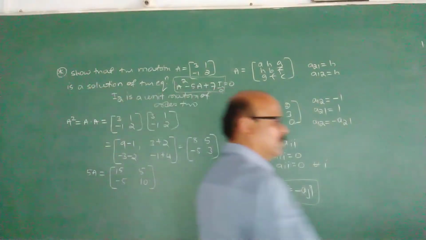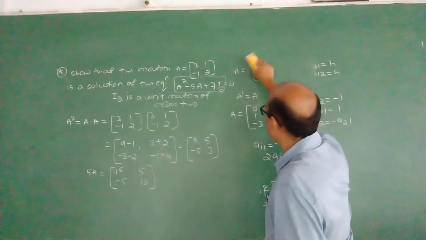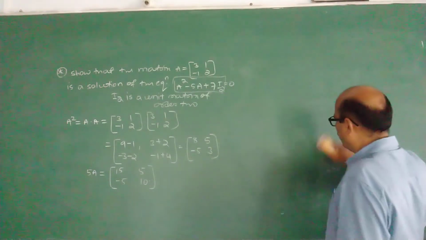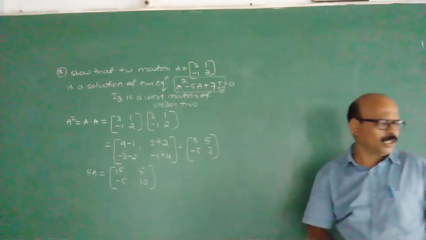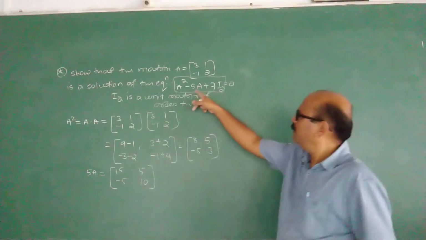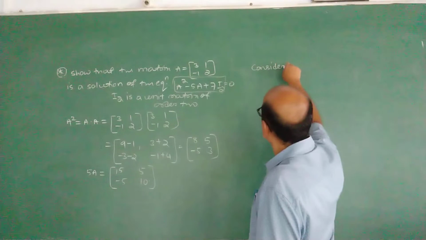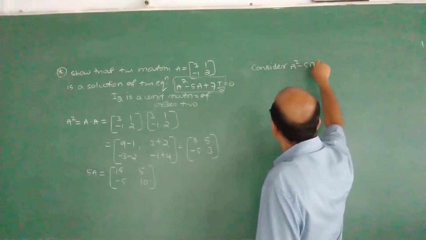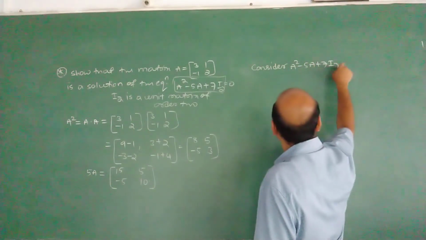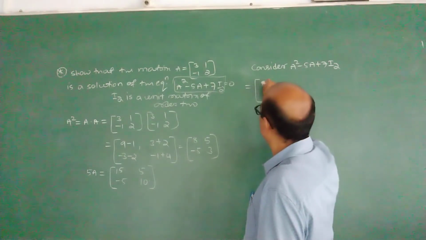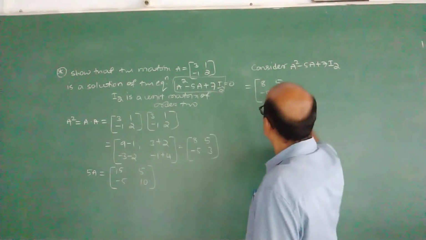Now, prove this. A is a solution means you have to prove that A satisfies this. If you substitute in case of A, matrix A, this must be satisfied. Consider A square minus 5A plus 7I2. What is A square? 8, 5, minus 5, 3.